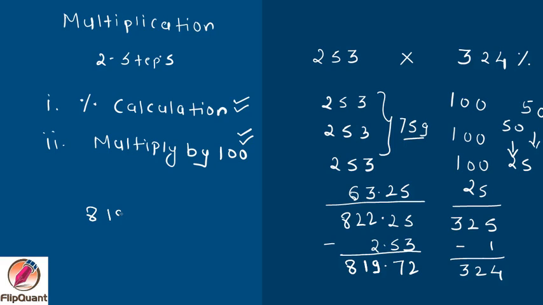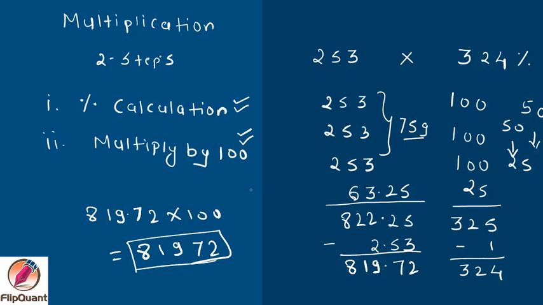So we are done with the first step, and now the second step is very simple. Just multiply by 100. So you get your answer as 81972. So this is your final answer. Okay. So for this method, do the practice at least 10 times per day for this particular sum.